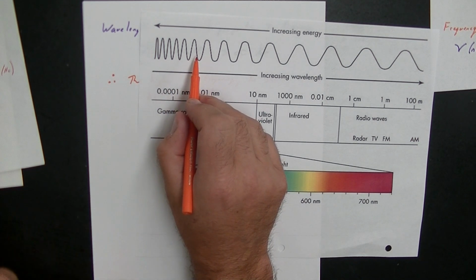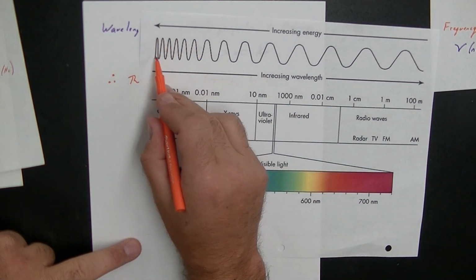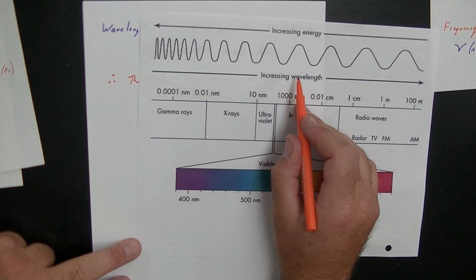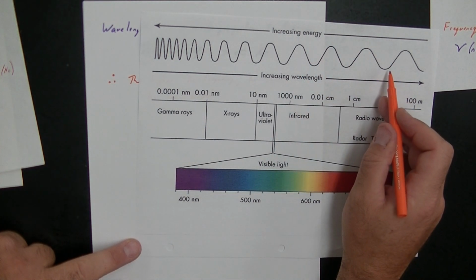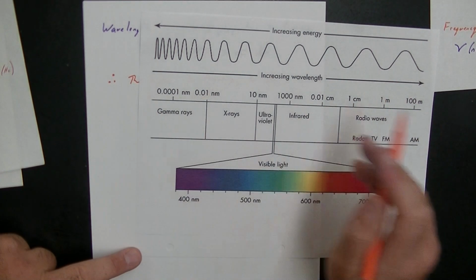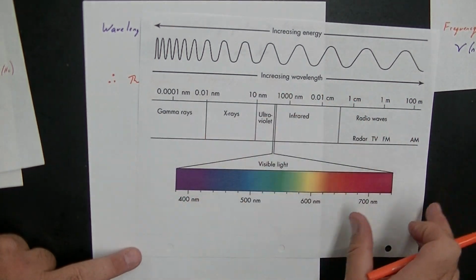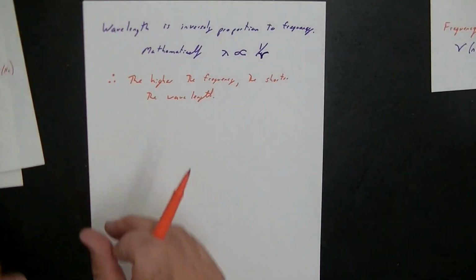So if we have short wavelengths, we have high frequency. If we have long wavelengths, we're going to have lower frequencies. Okay, so it's that inverse relationship between frequency and wavelength.